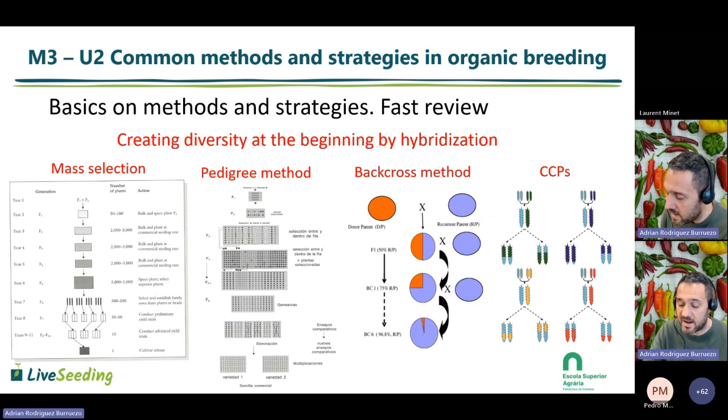Well, regarding mass selection, it is more or less the same as explained in the previous case. I start in the F1. Maybe if I find some segregation because P1 and P2 were not pure lines but heterogeneous, maybe in the F1 I start to see segregating individuals, or if they are pure lines, I must wait till F2.